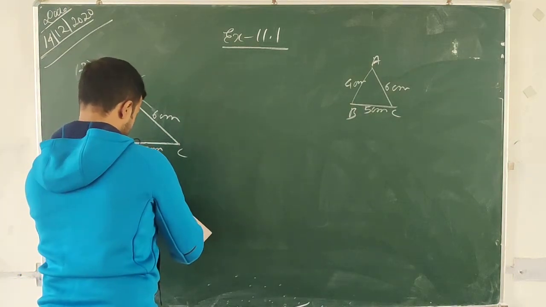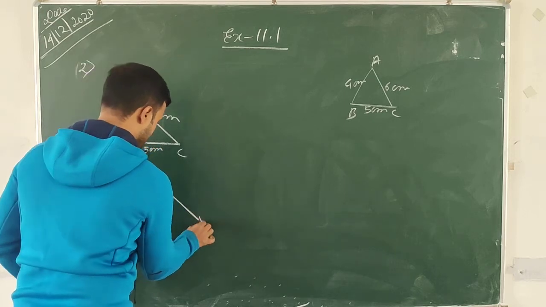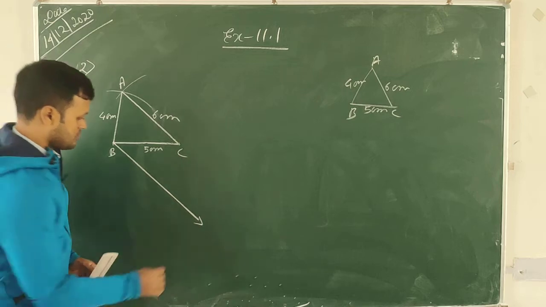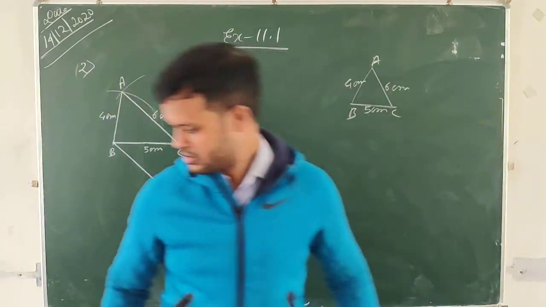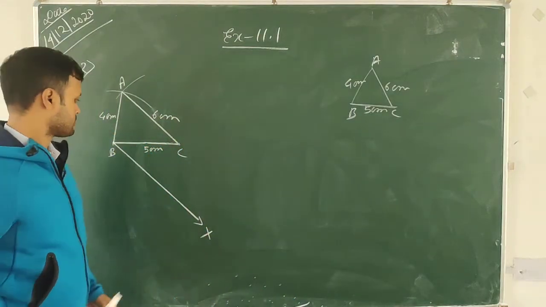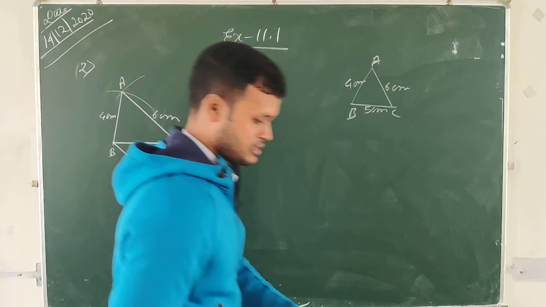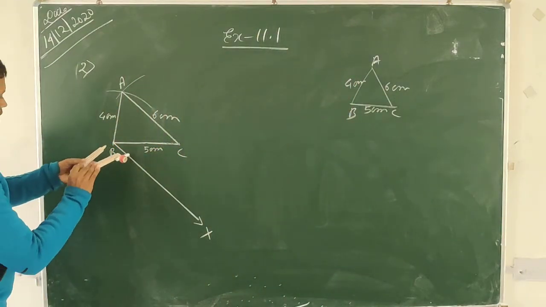The ratio is 2 by 3, so draw 3 arcs of any suitable radius.